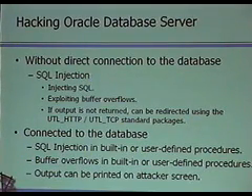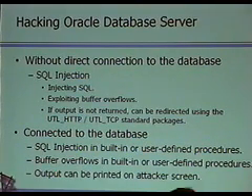Well, the ways in which an Oracle database server can be hacked can be divided into two groups: when the attacker is not connected directly to the database server, and when the attacker is connected to the database server as a normal user. If the attacker doesn't have a connection to the database server, for example, in the case of a web application user, the attacks he can do are SQL injection attacks.